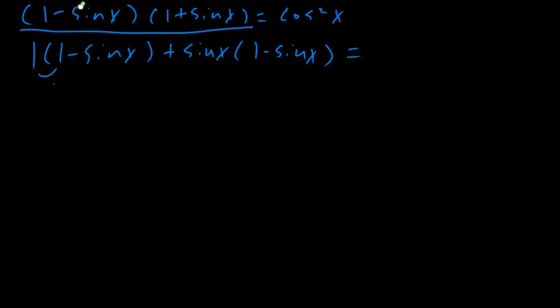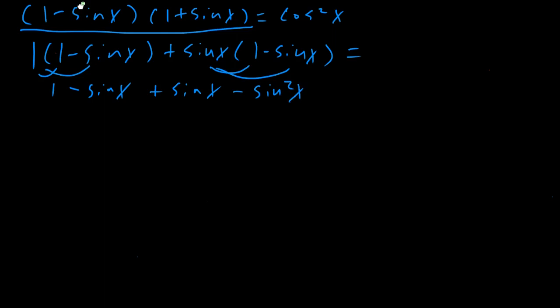So 1 times 1 is just 1. 1 times sine of x is just sine of x. And then negative sine of x times 1 is negative sine of x. And then sine of x times negative sine of x is negative sine squared of x.